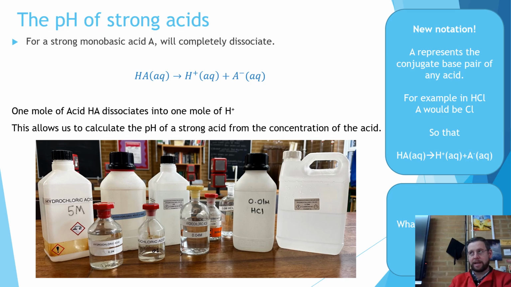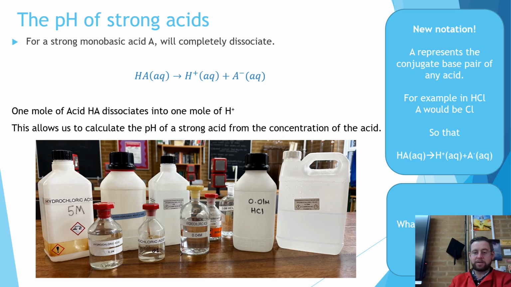In other words, yes, the pH is related to the concentration of the H+ ion, but this is going to be the same concentration as the original acid. So we can, from the concentration of the acid, directly work out what pH that acid would be.